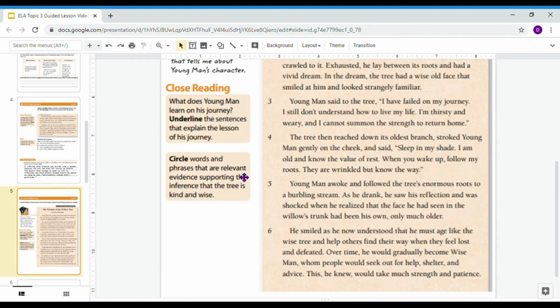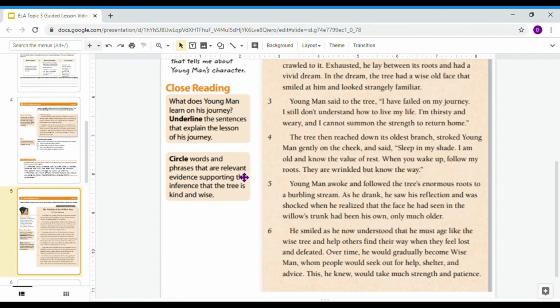Young Man awoke and followed the tree's enormous roots to a burbling stream. As he drank, he saw his reflection and was shocked when he realized that the face he had seen in the willow's trunk had been his own, only much older.